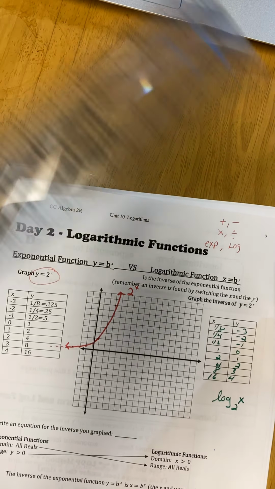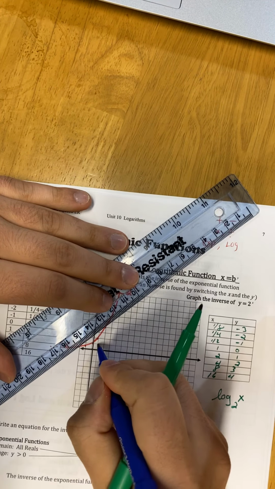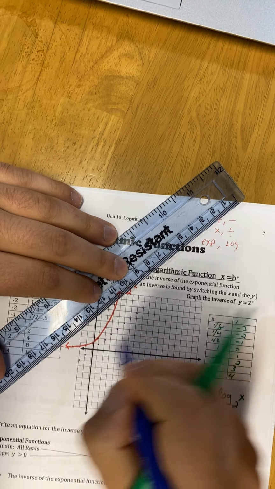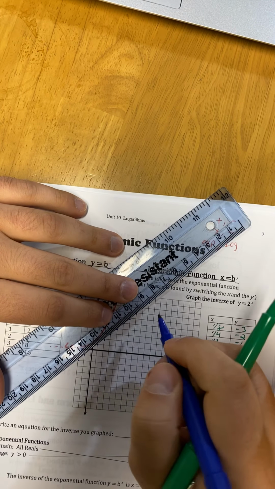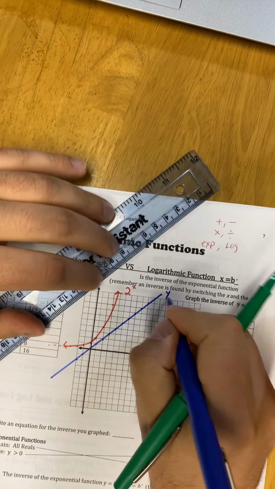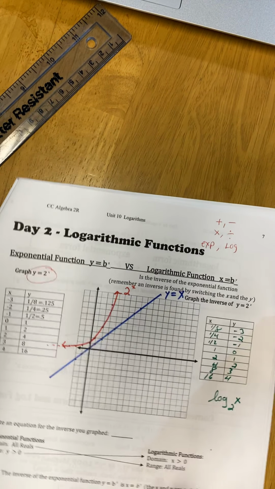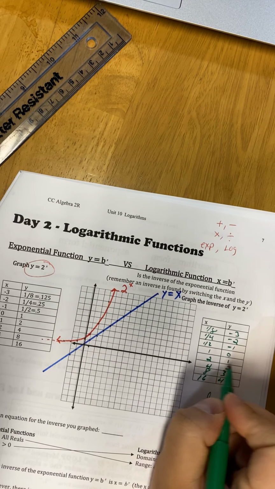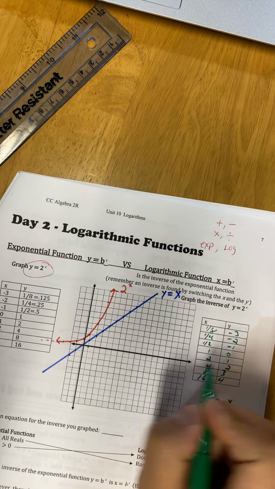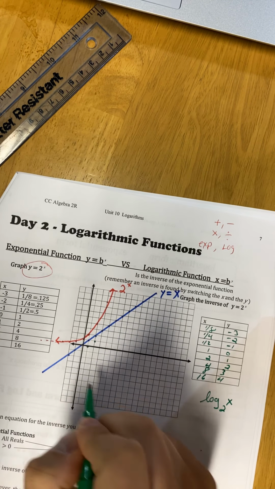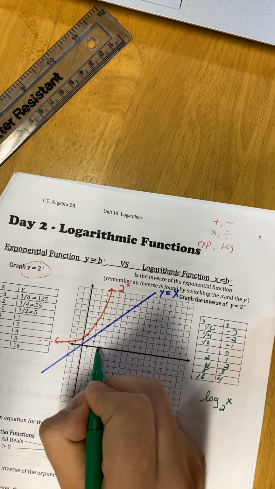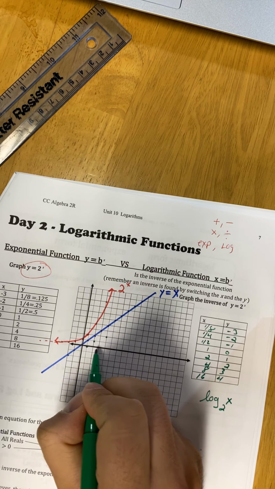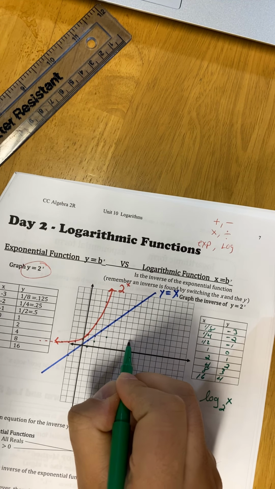And now I'm going to draw on y equals x. All right, so that's y equals x, and all right, so at 1 I get 0, at 2 I get 1, at 4 I get 2, and at 8 I get 3.